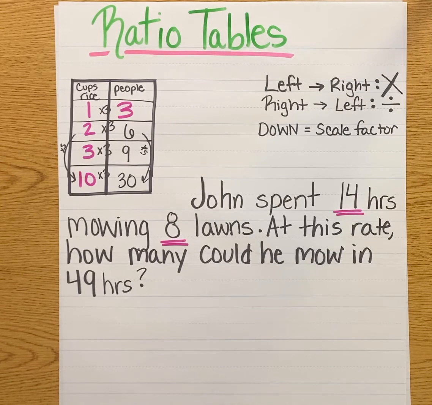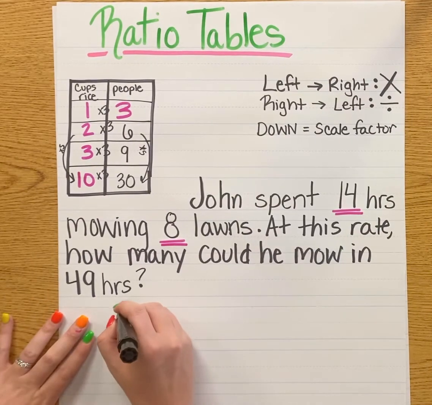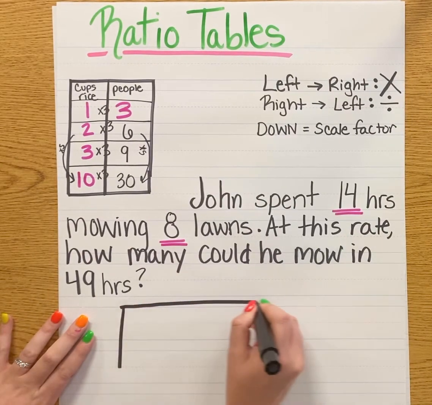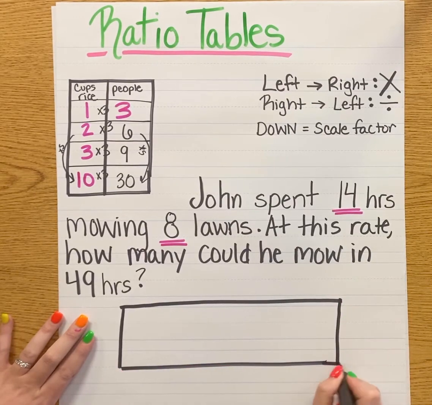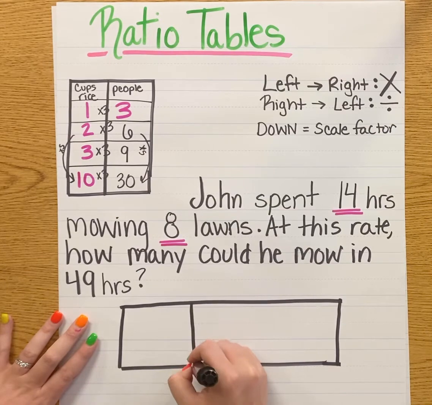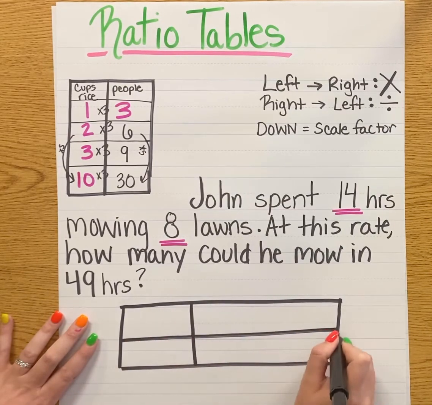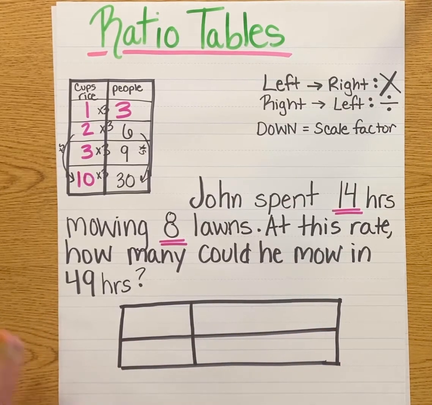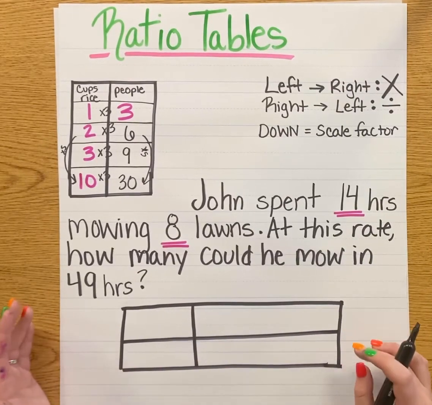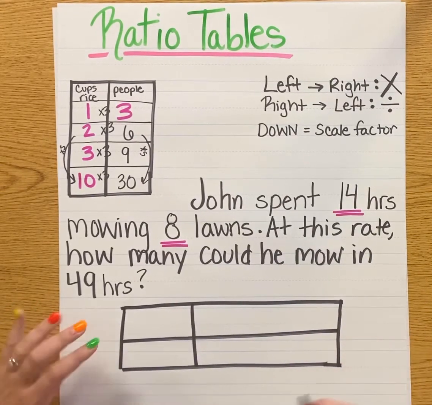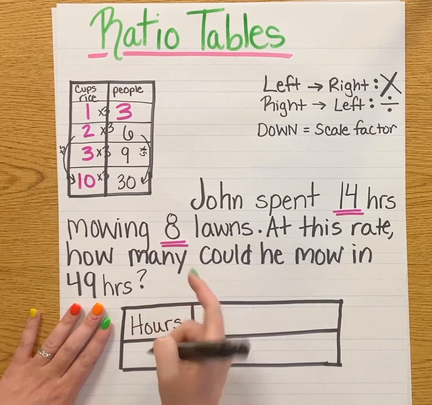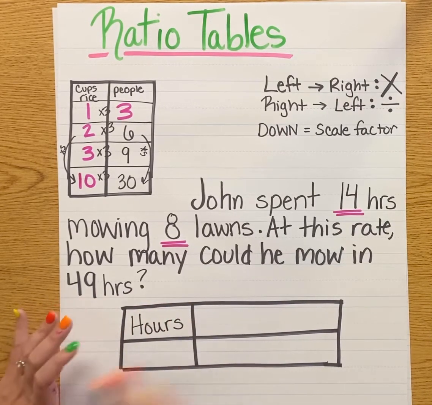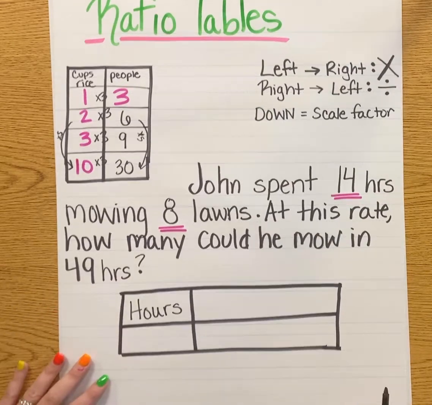So I am going to set up my table. This time I like going left to right, or a horizontal table, but either way it's the same thing. But I think for these types of questions, doing the horizontal table is easier.